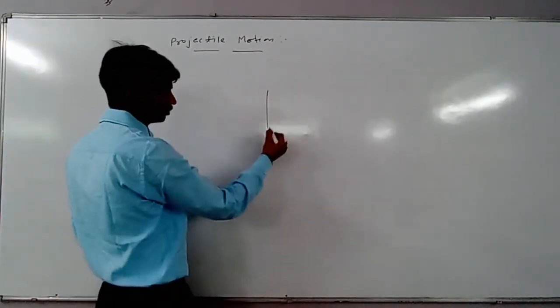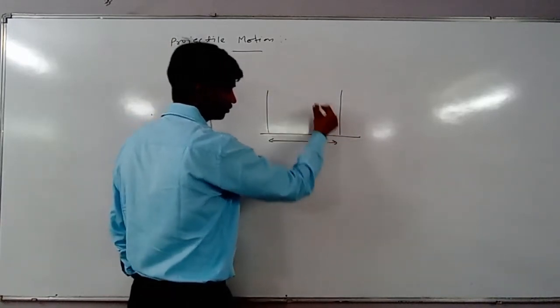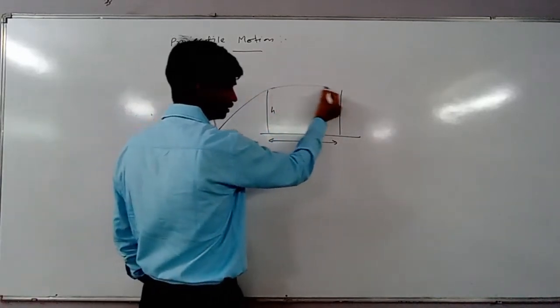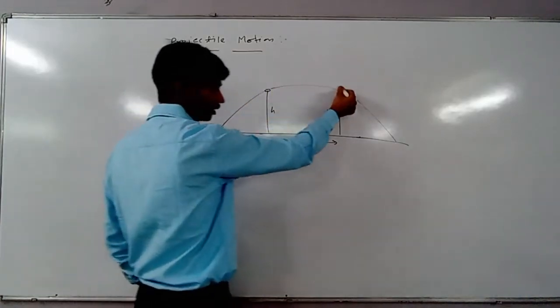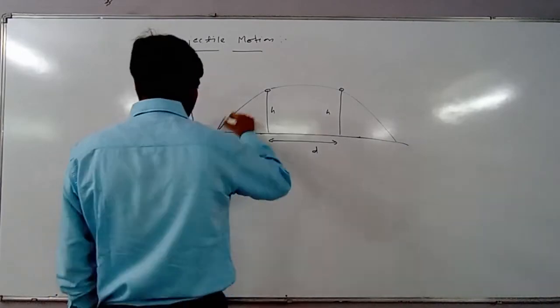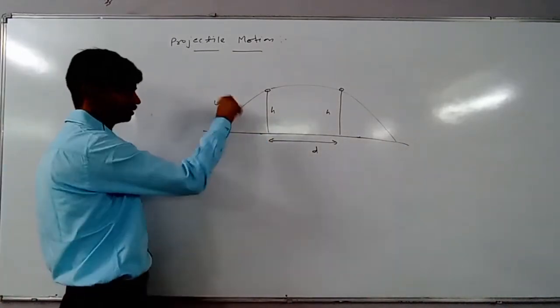Okay. Suppose two balls are there at a distance d for the same height h, and a projectile is thrown such that it just crosses the two balls. Okay. What is the question? A projectile is thrown at an angle theta with the velocity u. Actually, u is not given.